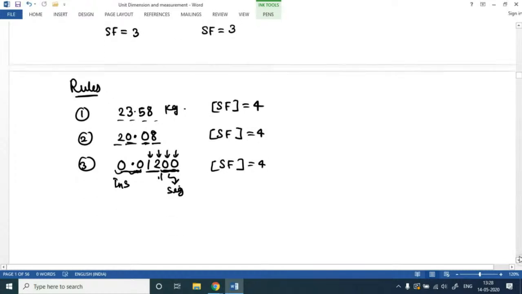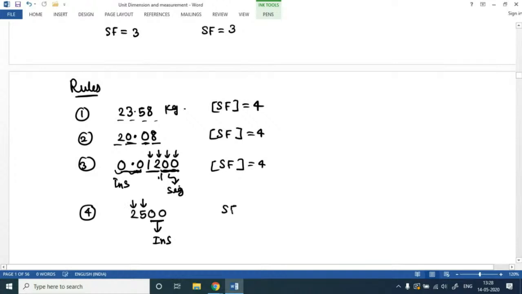And the fourth rule I must tell you is about a number without a decimal, for example 2500, where we have some trailing zeros. Trailing zeros are insignificant, you should realize. So we will have only two significant figures in this.